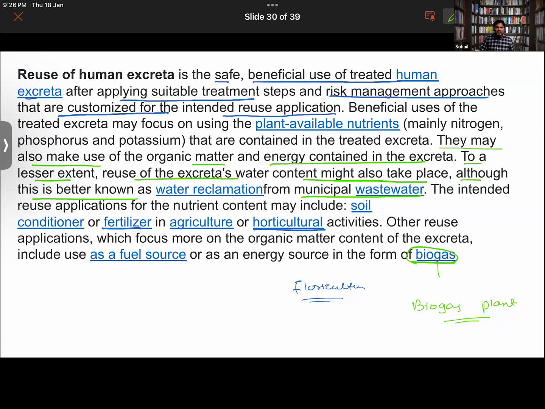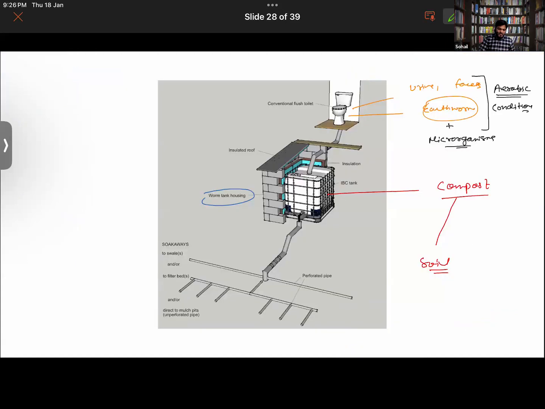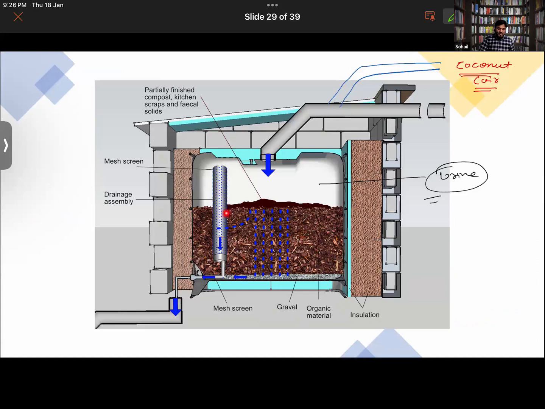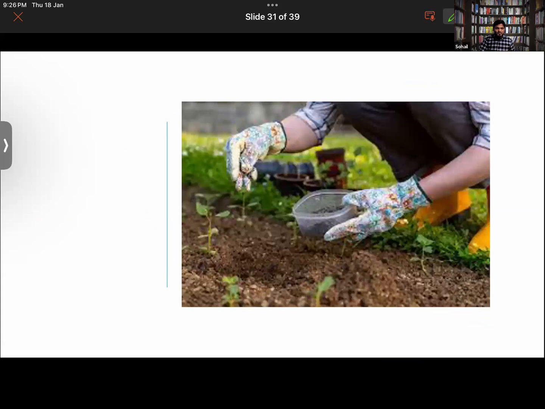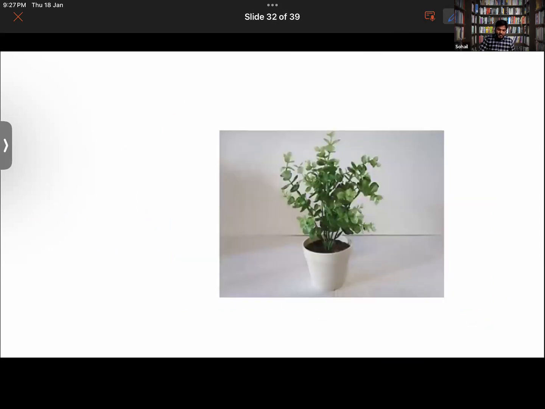So that sludge consisted of human excreta also. So directly, this human excreta can also be used to prepare biogas. Hope you are getting it. It's also being used as a manure or compost for enriching the nutrients in soil.